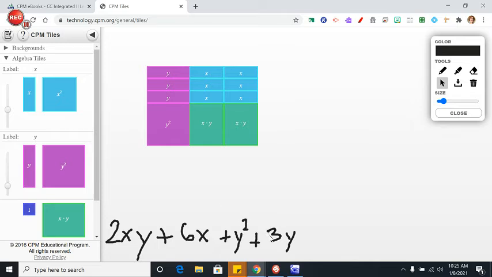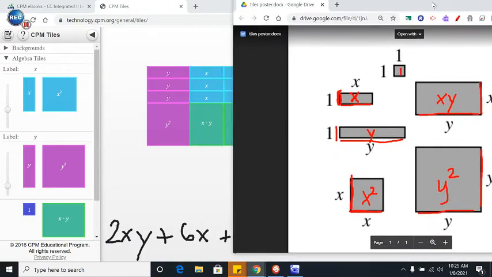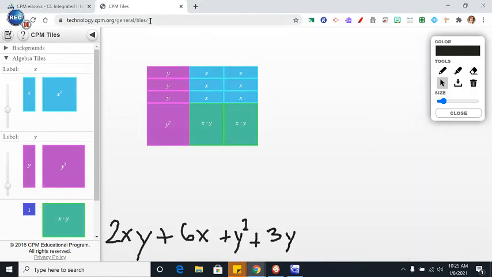I'm going to find the length and the width. That's the check-in. So I'm going to use this document here to help me figure out the length and width of all of these tiles.